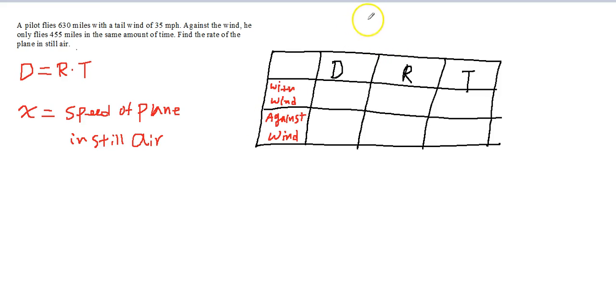Now we're going to fill in the information. Remember, D is equal to RT. The question says going over there and coming back is the same amount of time, so we can say that T going over there is equal to T coming back.